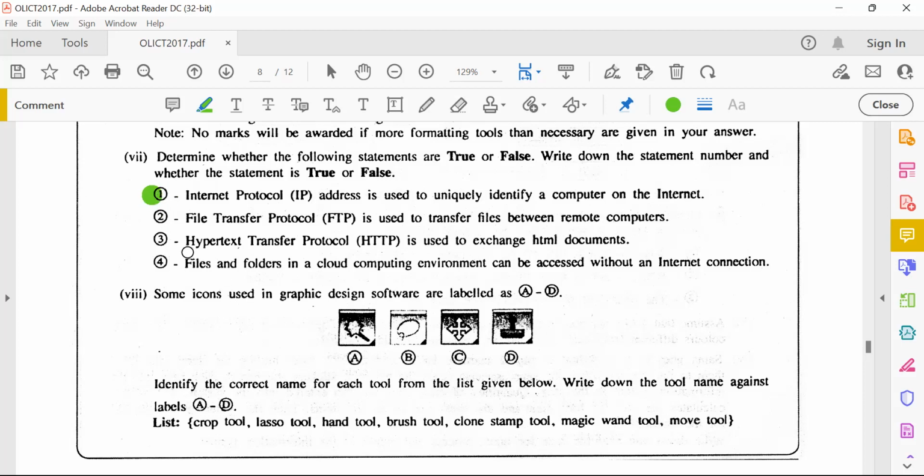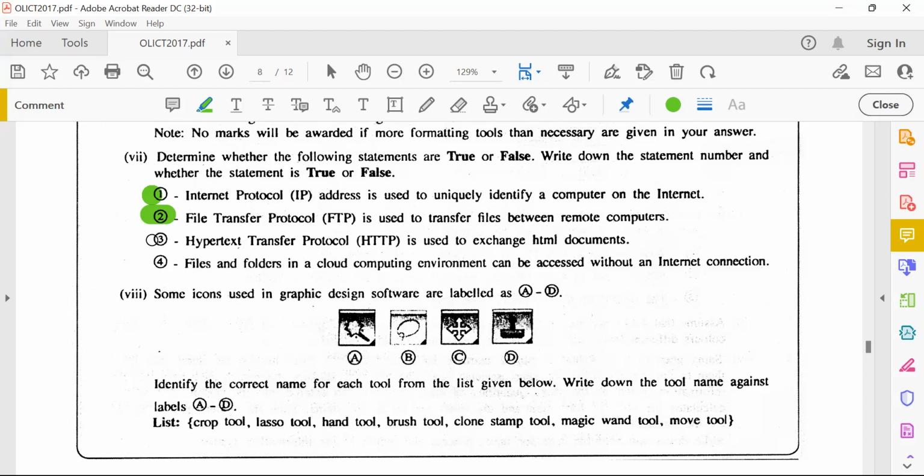Right. Second one, file transfer protocol is used to transfer files between remote computers. Is it? This also we have discussed early. Yes, that's also true. Third one, hypertext transfer protocol is used to exchange HTML documents. What do you think?